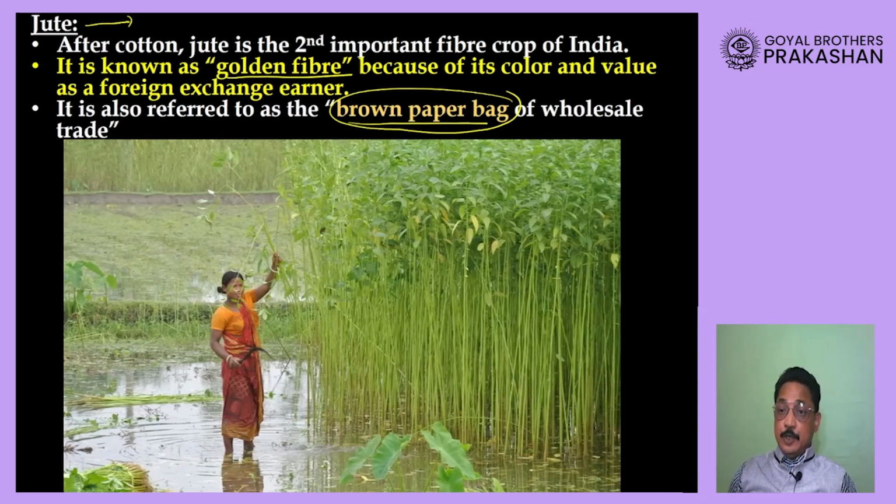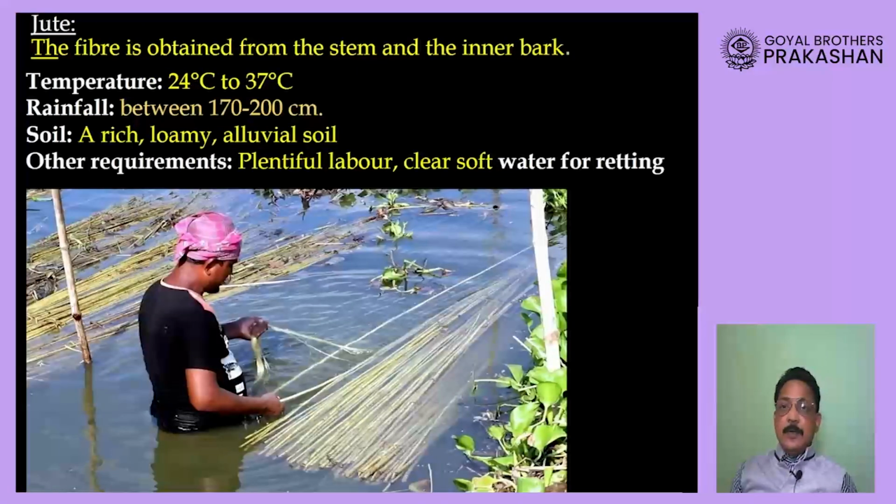Food grains, sugar, and many other articles are packed in articles made out of jute, and then they are traded. Now look, dear students, at some very important geographical factors required for cultivation of jute.